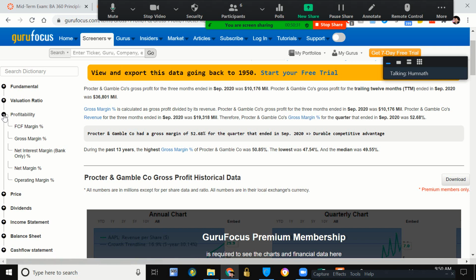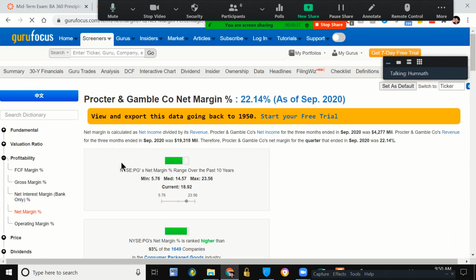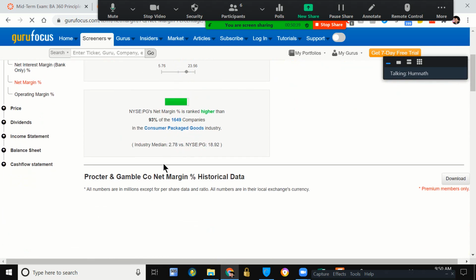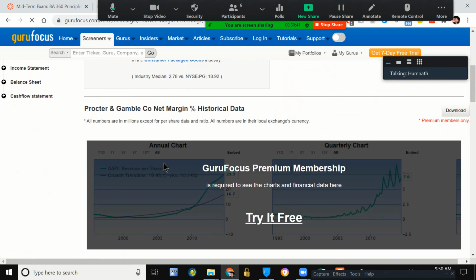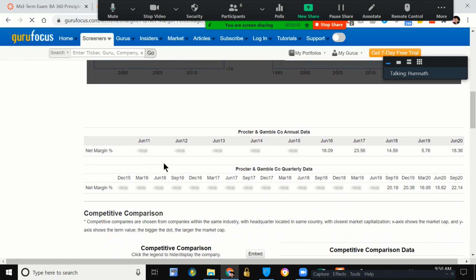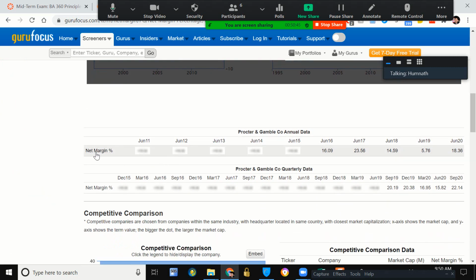So you go to profitability over here, and you click on net margin. Sometimes with these terms you have to spend a little bit of time. When I click and go down here, it's a net margin, it's net profit margin. You can even check with the gross profit margin and make adjustments, but you can find this net margin. So net margin is 18.36%.